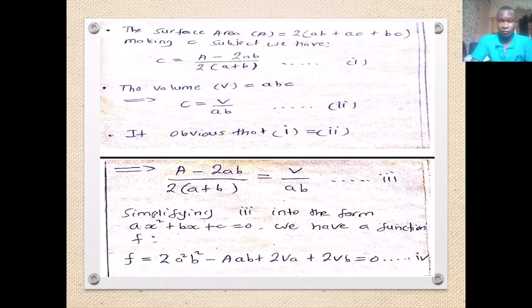So that is the derivation part of the model of the closed system. A stands for the surface area, and V stands for the volume, as we said, that it connects the area, the volume, and the dimensions of the cuboid system.